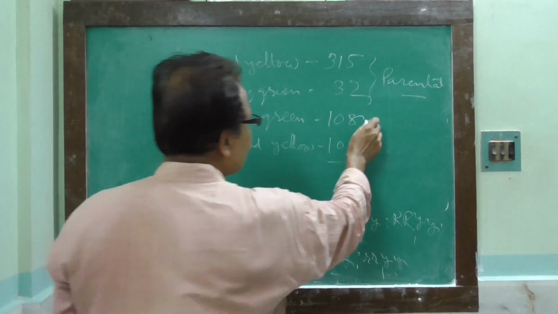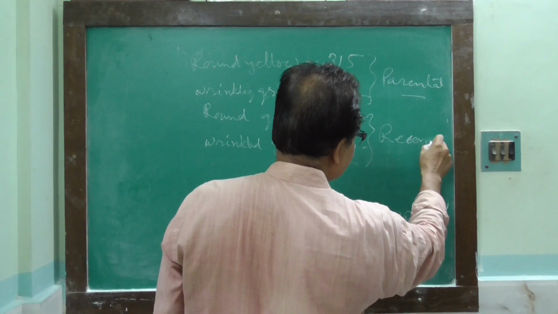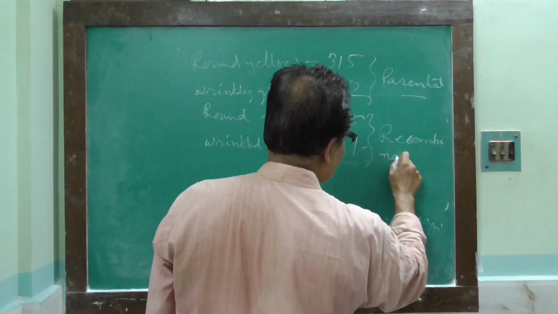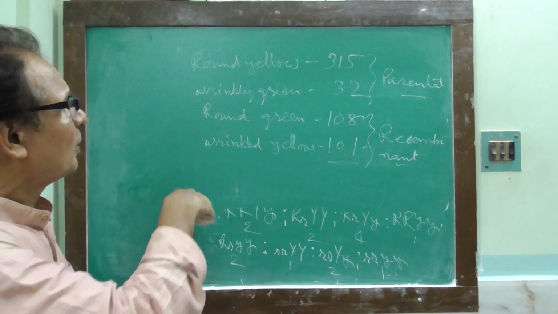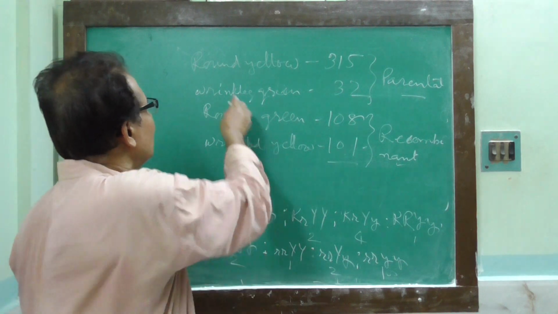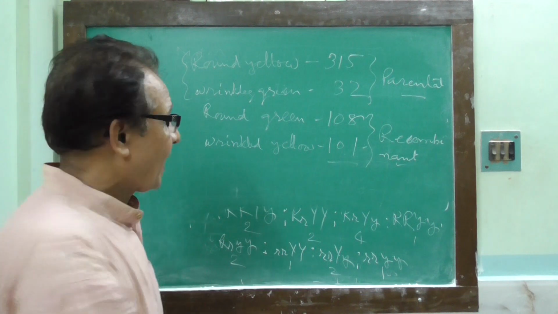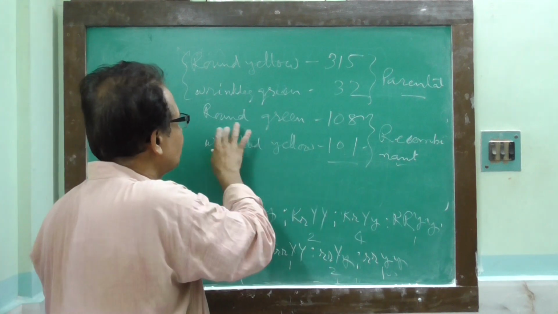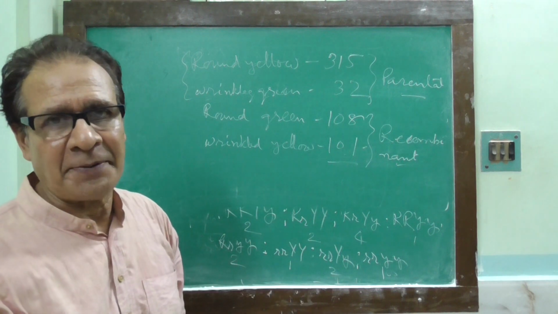From this result, these are the recombinant types. Recombinant type, that is newly formed. When Mendel started the cross, only these two types of plants he took, and due to such a cross he obtained the new two types, round green and wrinkled yellow, the recombinant types.